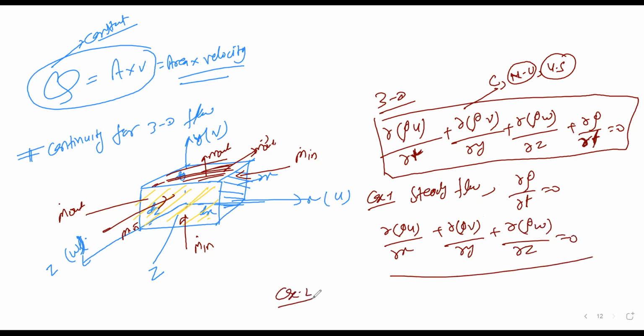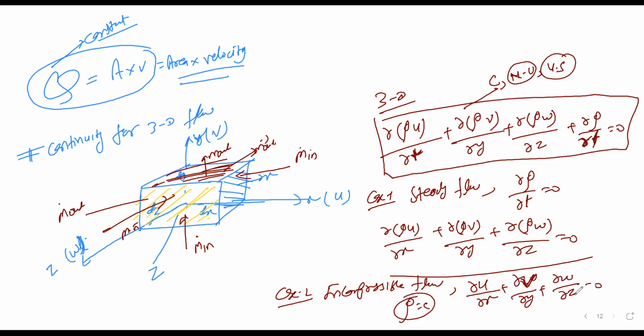And case 2 for incompressible flow. Incompressible flow means the density must be equal to constant. So dou u by dou x plus dou v by dou y plus dou w by dou z must be equal to 0.